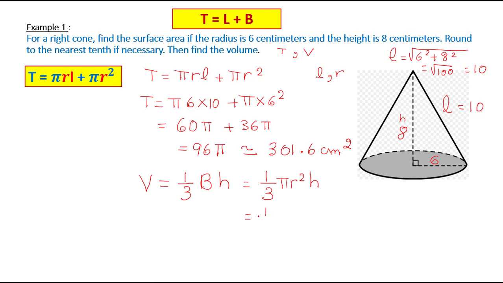And if we substitute, it's 1/3 pi multiplied by r squared, which is 36, multiplied by h, which is 8, and this is equal to 301.6 centimeter cubed, the same as this number, no problem.